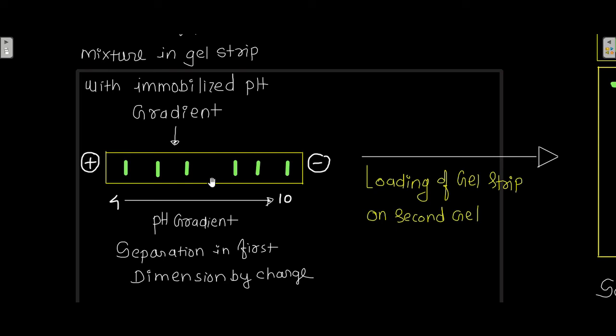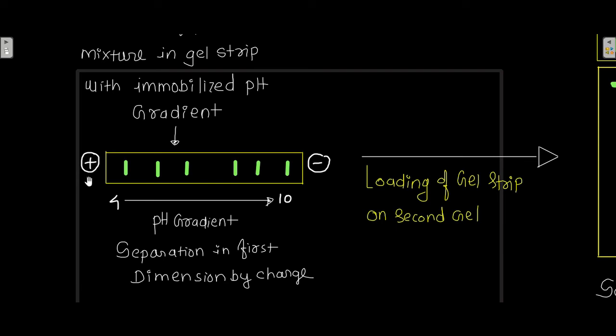So we apply an electric field across this pH gradient, and as the electric field is applied, the protein will move as it is carrying a particular net charge. If it is positively charged, it will move towards the negatively charged electrode, and if it is negatively charged, it will move towards the positively charged electrode.